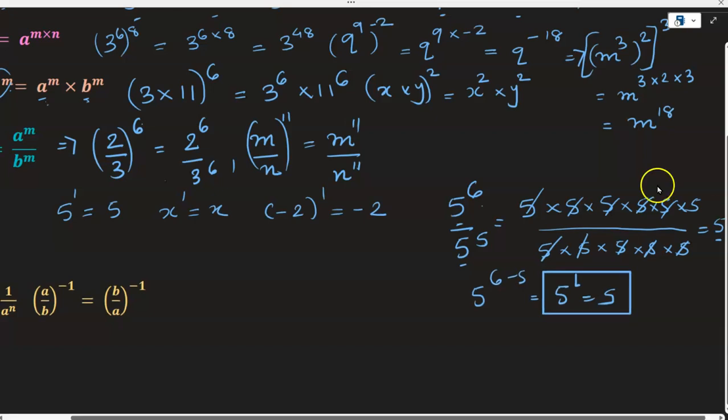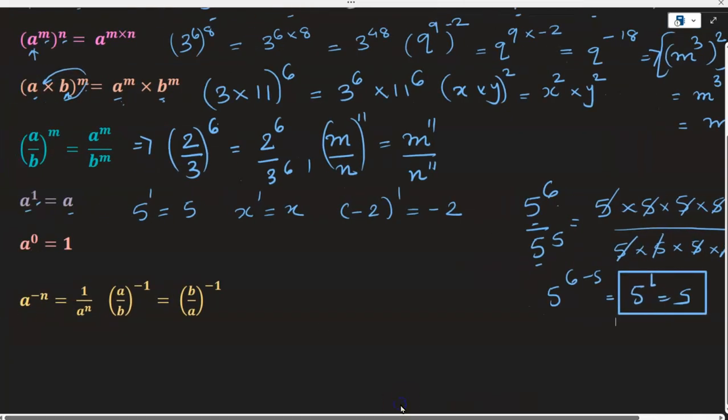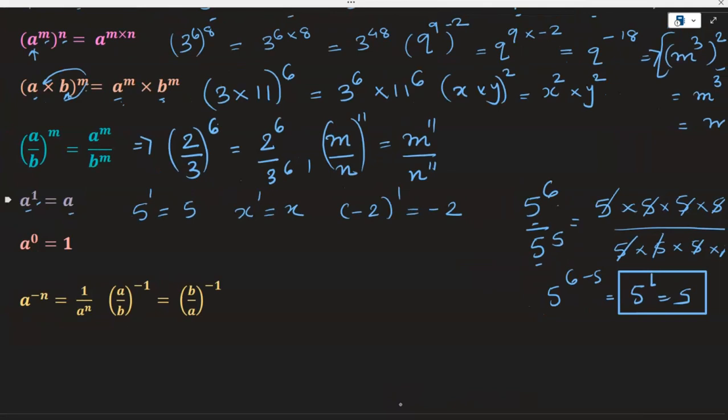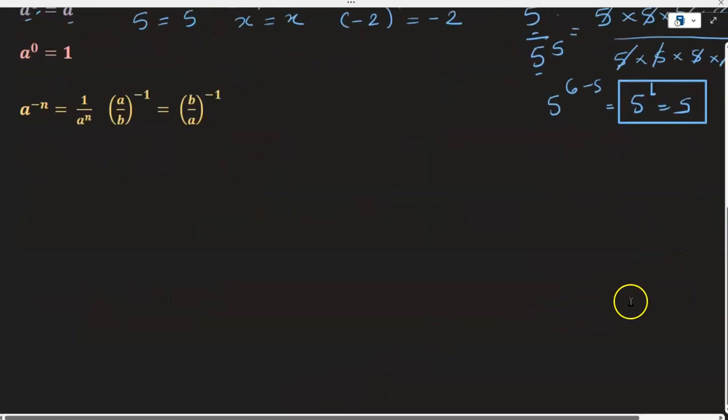Remember students, whenever you see any number to the power 1, it is equal to that number. Now what about any number to the power 0? That will be equal to 1. We will also prove this. It's very simple.